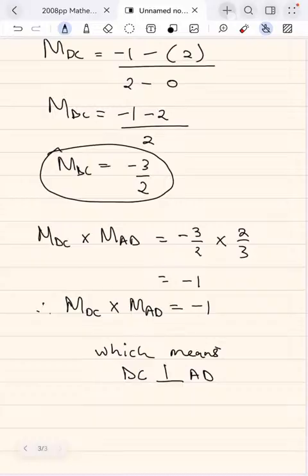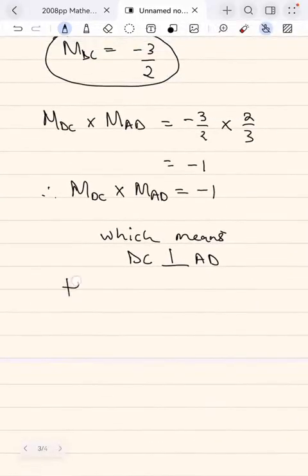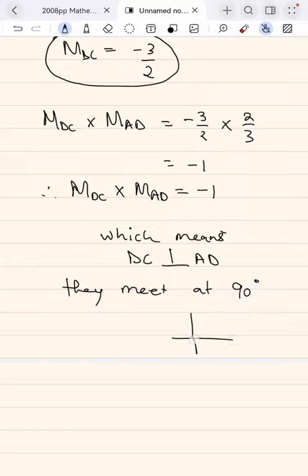Perpendicular means they meet at 90 degrees. That is what perpendicular means.